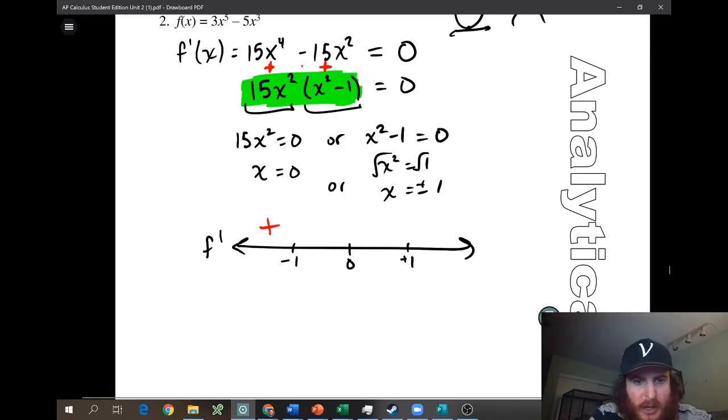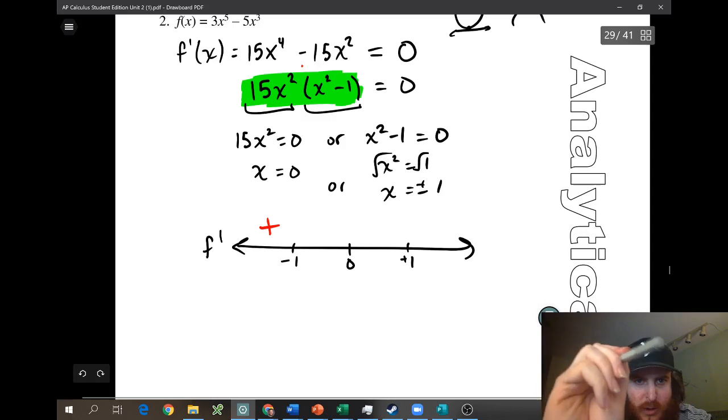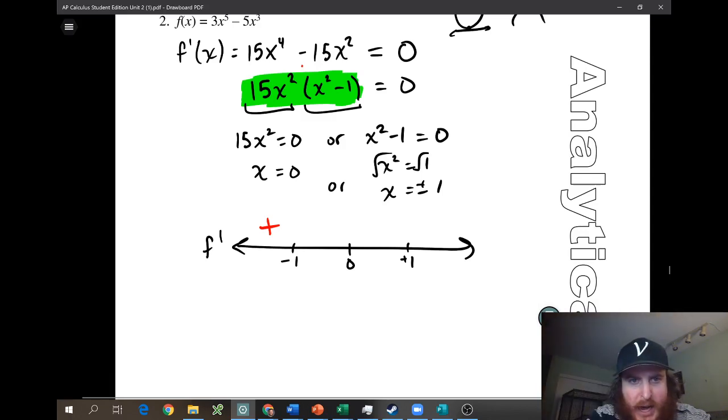Okay, next we're going to plug in something in between negative 1 and 0, like, let's say, negative 0.50. Now, you don't need to write that down. I'm just putting that for us. So we're going to, in our head, plug in negative 0.50. Negative 0.50 times itself is positive 0.25.